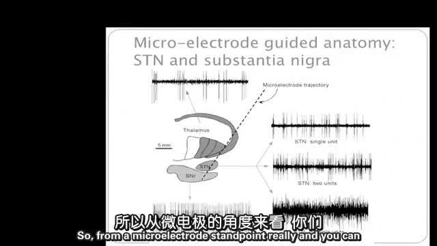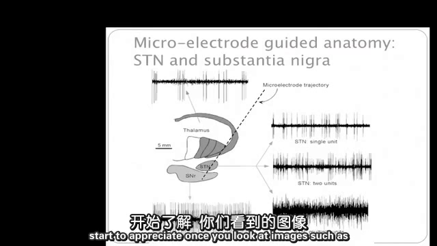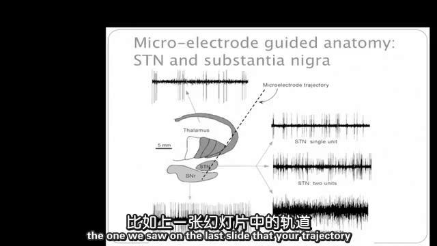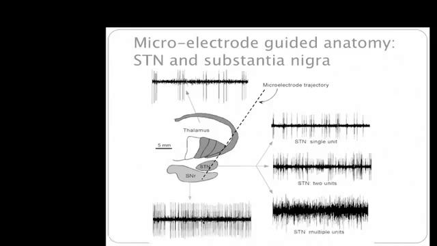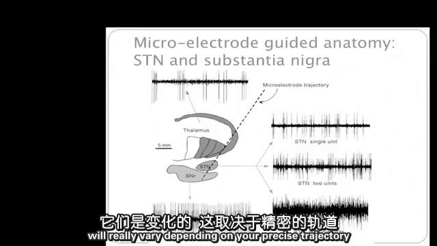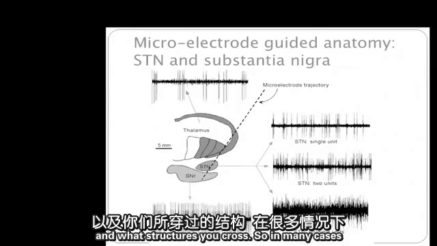From a microelectrode standpoint, you can start to appreciate, once you look at images such as the one we saw on the last slide, that your trajectory and what you see on microelectrode recordings will really vary depending on your precise trajectory and what structures you cross.